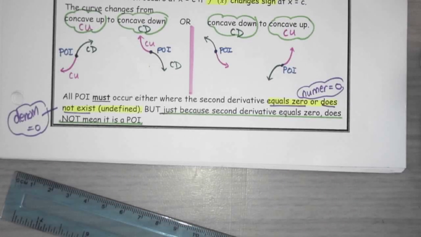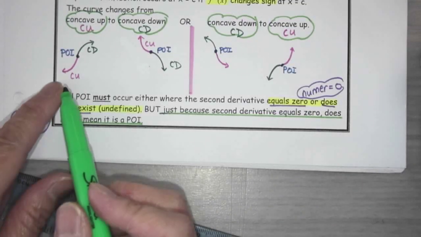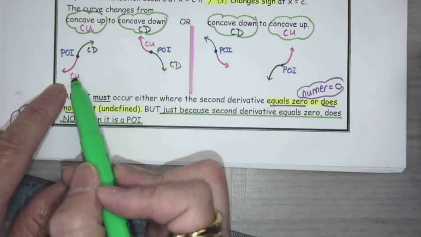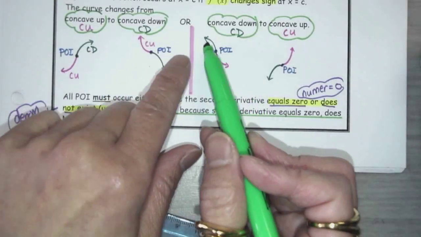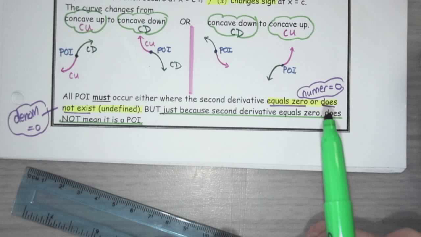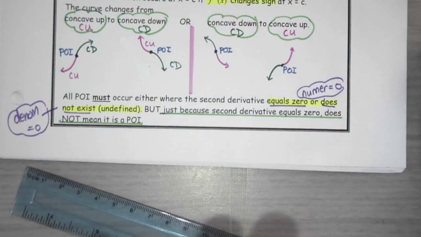How do we know if it's a point of inflection? Yep, if it switches from up to down or down to up. Exactly. You have to see if it switches. If it doesn't switch, it's not a point of inflection. It's just nothing.